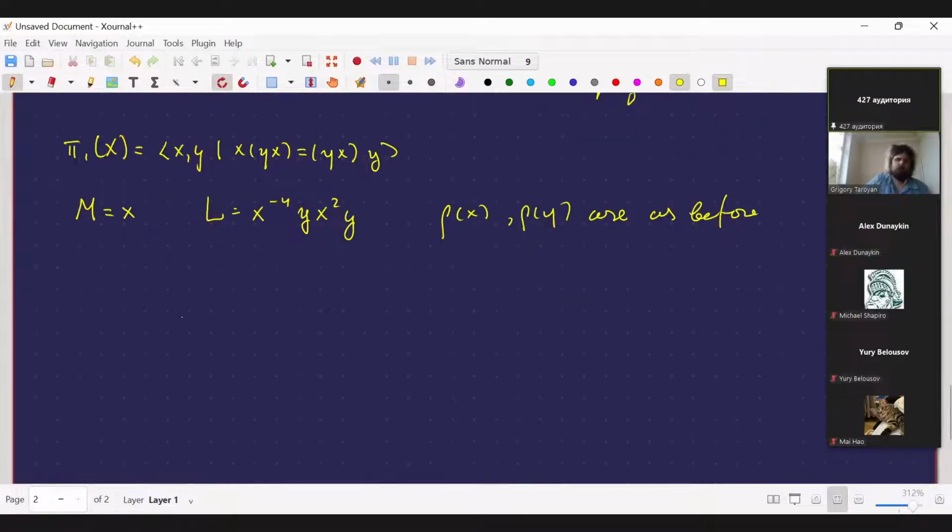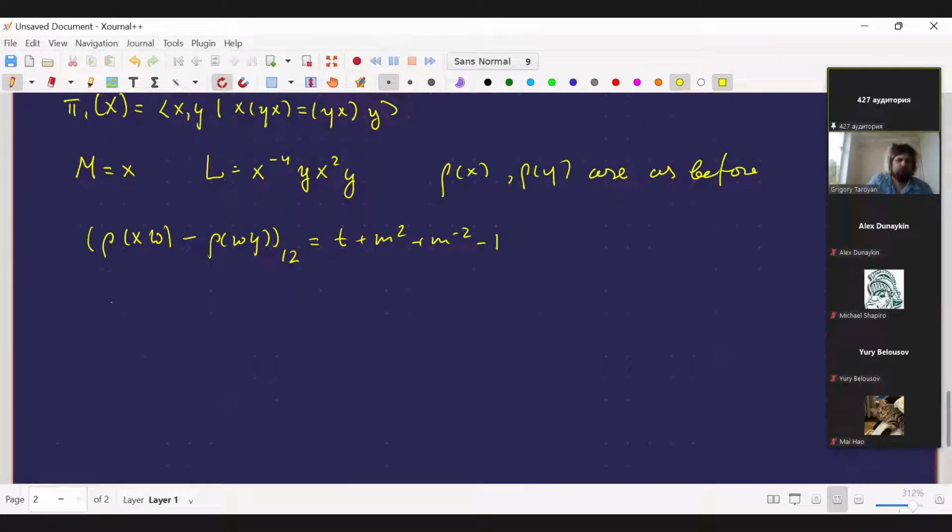And so we write down the equations for P and Q.